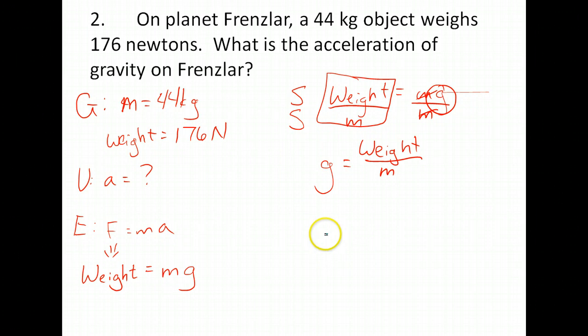We know the weight of the object is 176 newtons divided by 44 kilograms, and that will give us 4 meters per second squared. And we know those units, meters per second squared, because we're looking for acceleration. Those are the units for acceleration.